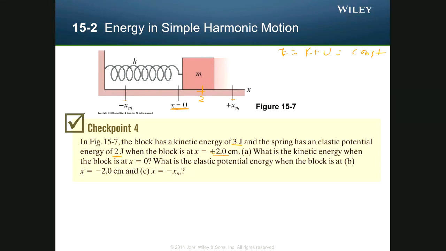So it wants to know what is the kinetic energy when the block is at 0. Here we have to understand that the block at 0 has maximum velocity. So at 0, E equals K plus U, but U is going to be equal to 0 here, and we can tell that also because U equals 1/2 k x squared, and here x is equal to 0, so U is equal to 0.